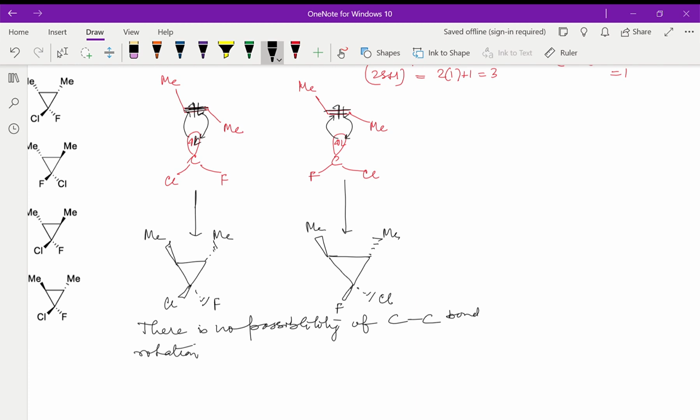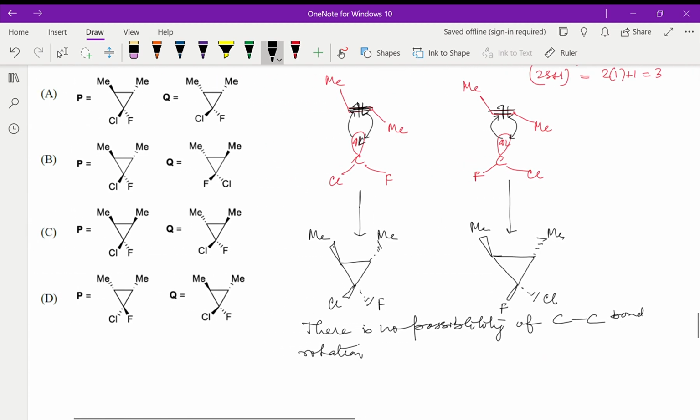The intermediate that is formed will not undergo any CC bond rotation. Here there is no question of an intermediate; it is happening in a single shot. But in a triplet state there can be a possibility of an intermediate which can undergo CC bond rotation, so it will not be stereospecific, but this is stereospecific. If we compare the answers, our answer is going to be B.